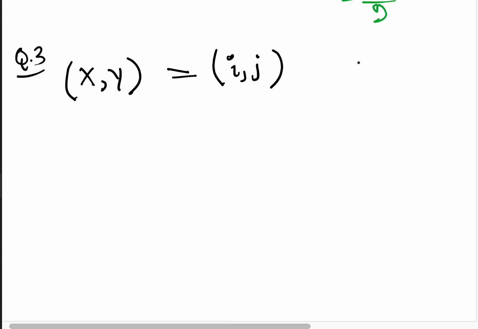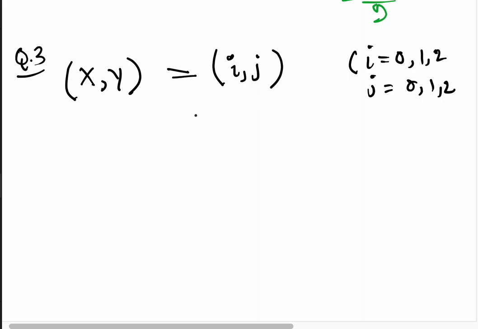Now, suppose a two-dimensional random variable x and y takes values i comma j, where i can take 0, 1, 2, and j also can take the value 0, 1, 2.